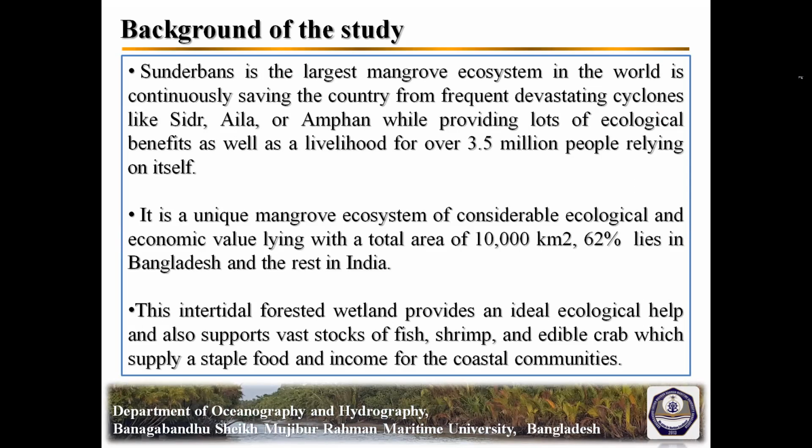It is a unique mangrove ecosystem of considerable ecological and economic value, with a total area of 10,000 square kilometers, of which 62% lies in Bangladesh and the rest in India. This intertidal forested wetland supports vast stocks of fish, shrimp, and edible crab, which supply a stable food and income for the coastal communities.